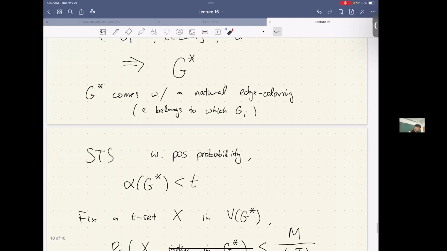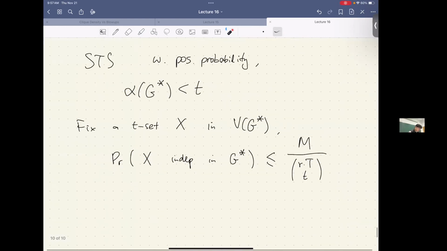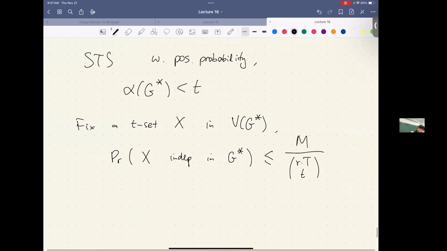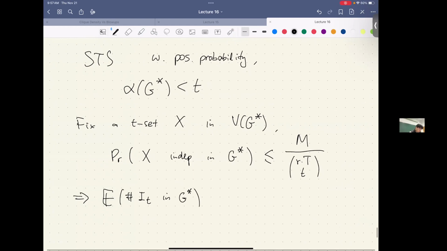Now use linearity of expectation. So the expected number of independent sets of size T in G star is at most, sorry, I forgot the factor.